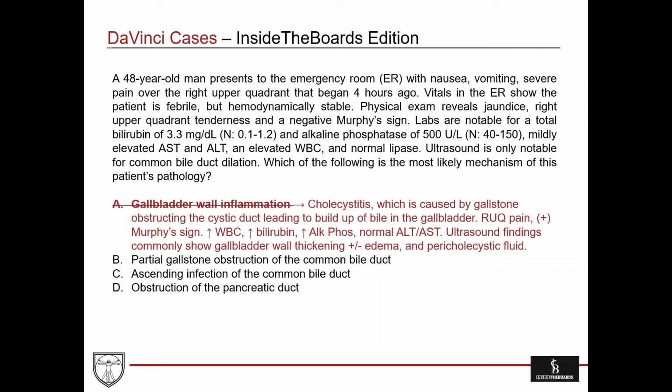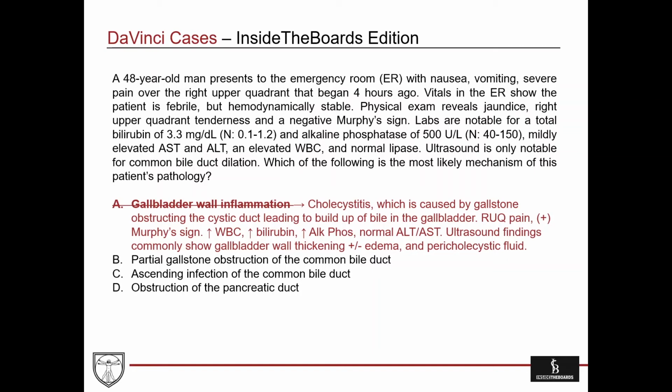The dead ringer for this sort of thing is the patient who can really time their pain to, whenever I eat higher fat foods, for instance, they can see an exacerbation of any background pain that they have. On lab findings, you'll see elevated white blood cell counts. You can see increased bilirubin or alk phos, and the AST and ALT can be slightly elevated, but also normal.